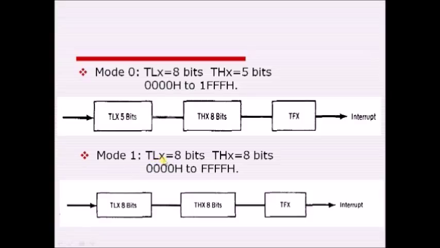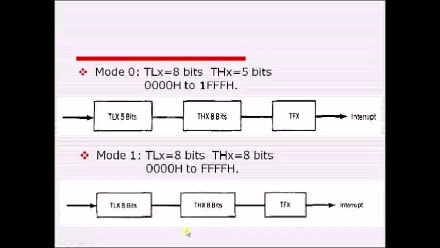Here we again have TL and TH, where X represents either 0 or 1, depending on the timer which we are using. As we are using a complete 16 bits, it is called the 16-bit timer. Here the initial value is 40H and the maximum value is 4FH. As you can see, TL uses 8 bits and TH also uses 8 bits.